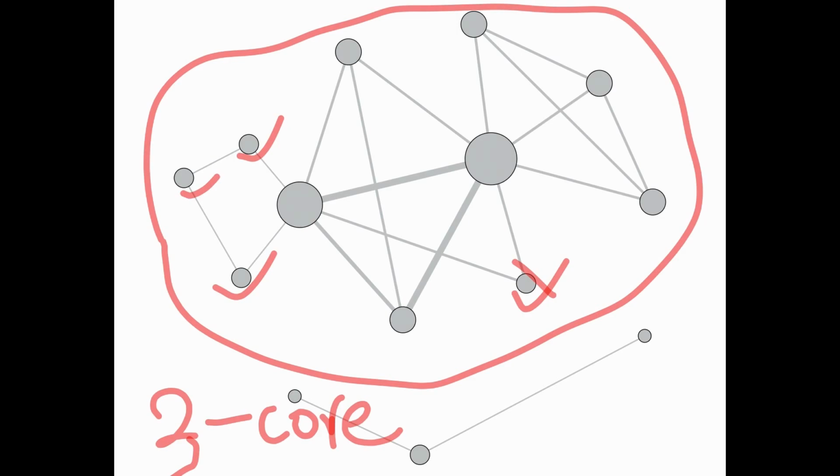So this could be interesting. In some cases, you want to narrow down to more influential people, more core people in a group, so that you can study them more specifically.